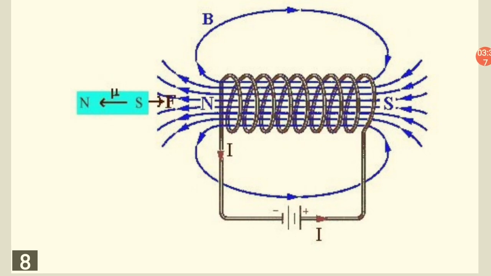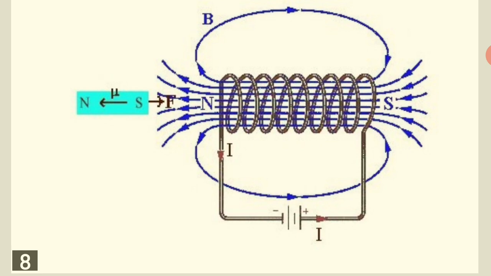As you can see, the two wounds, that is, towards us and behind the insulated material, have current in opposite directions, so the field lines will also be in opposite directions. So we can see that the north pole is formed on one side, and on the other side the south pole of the magnetic field is formed.